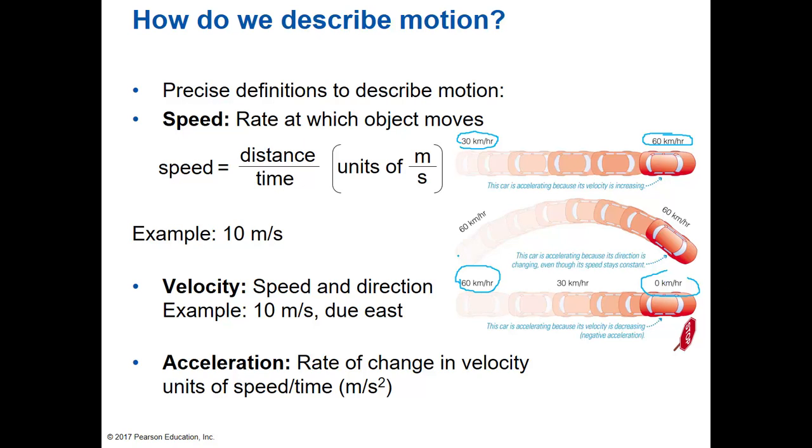The third example is a very interesting example. The reason is, in this case, the car is moving with a uniform speed, 60 kilometer per hour, but it is moving in a curved path. If it is moving in a curved path, even with the same speed, that means the velocity is not the same.